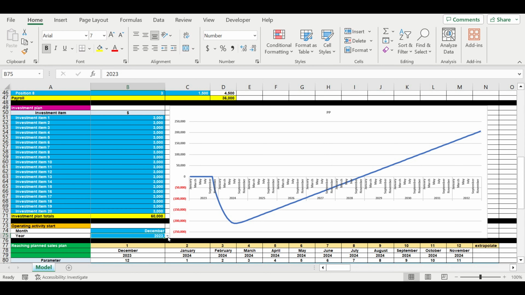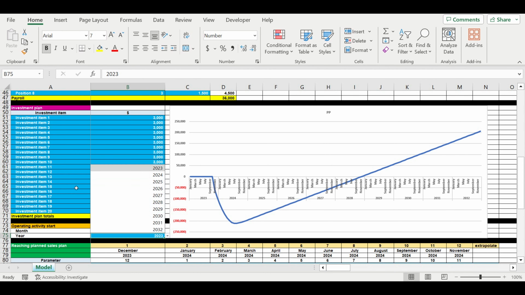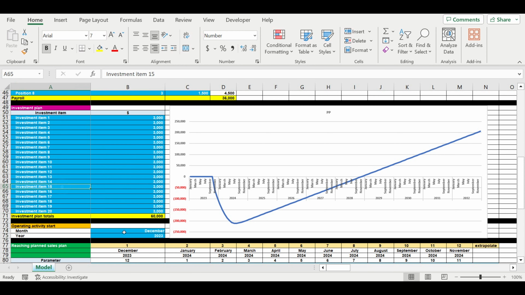Then we're specifying year and month when our investment project generates the first revenues.